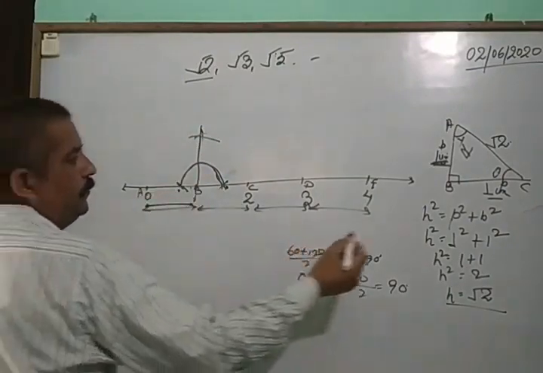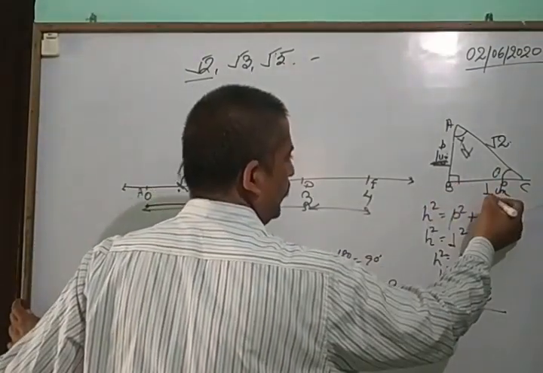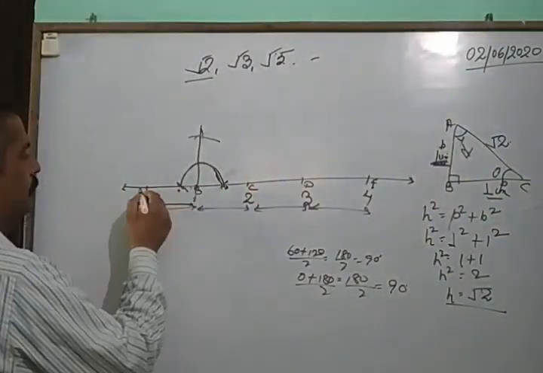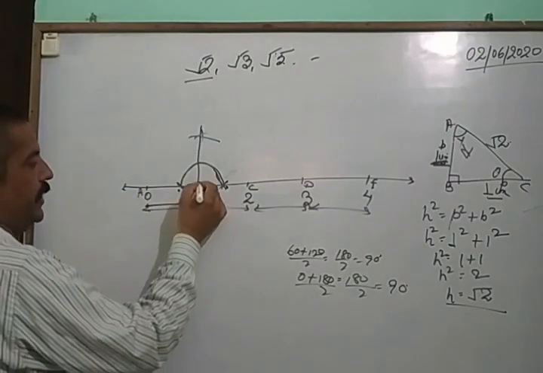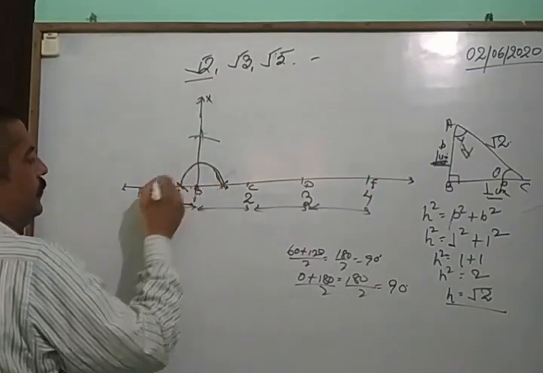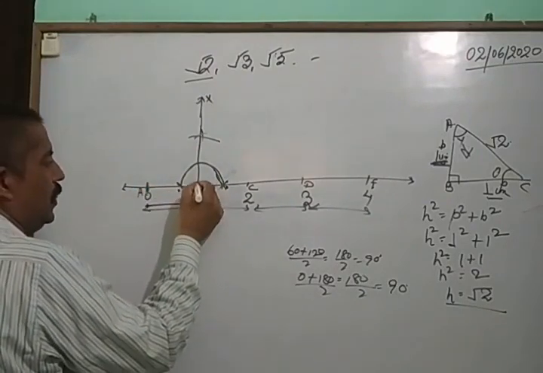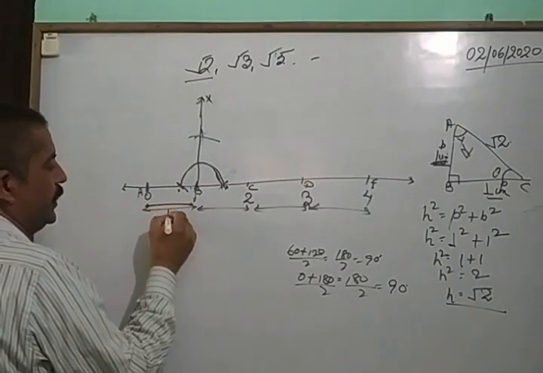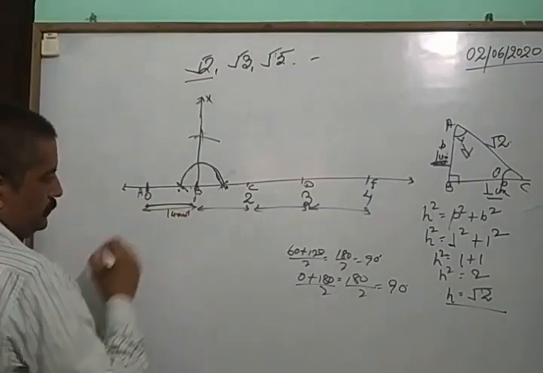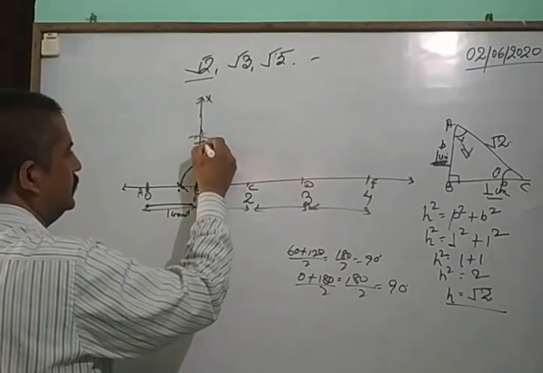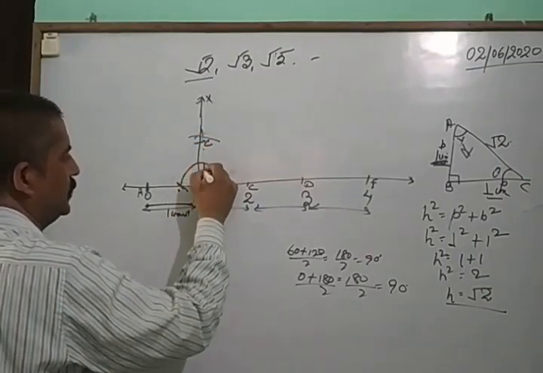Again, BC is 1 unit, and AB is 1 unit, and we take an equal distance from B, because AB equals 1 unit. So from B we take C, and BC is also 1 unit.